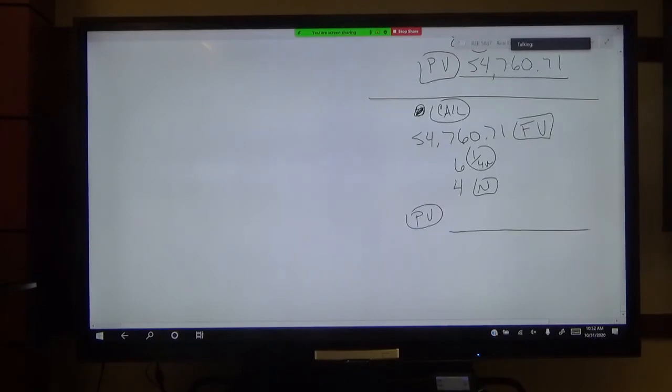So present value. Then we get 53,679.05. Not much of a difference because it's only a few months, not a few years.